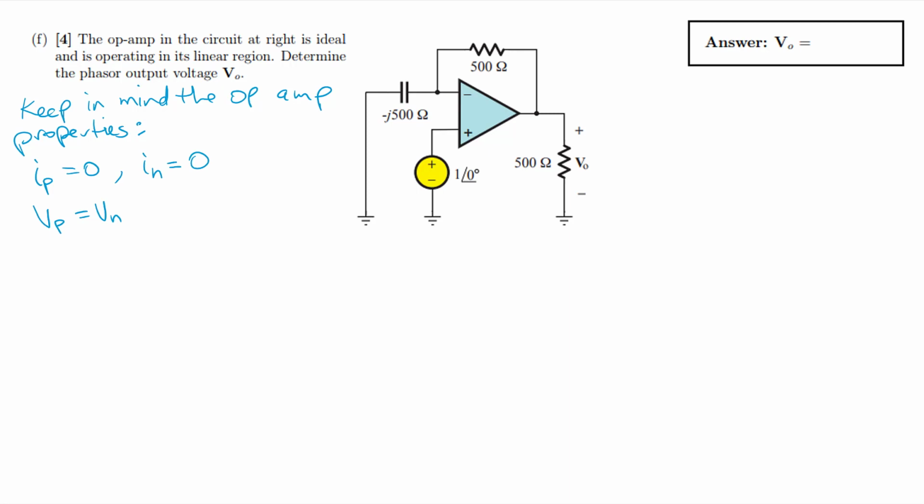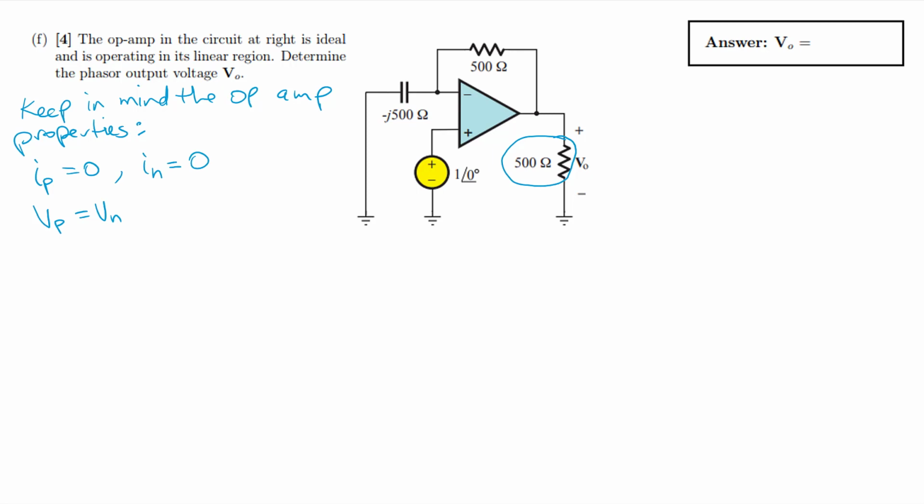Okay, so now we can use nodal analysis to find an expression for Vout, but let's look at this 500 ohms at the output. So what's interesting about this is that it's a little bit of a trick.